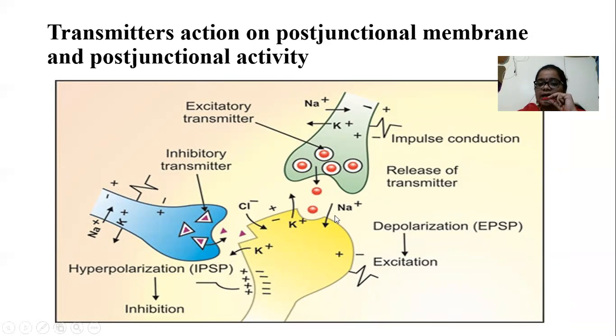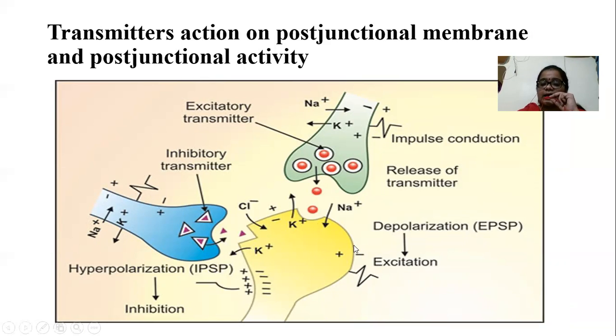This is because of the high influx of sodium ions. In case an inhibitory neurotransmitter binds to the postsynaptic neuron, what will happen? There is a high influx of chloride ions. So the negative charge within the cell increases. So it may lead to what? Inhibitory postsynaptic potential.